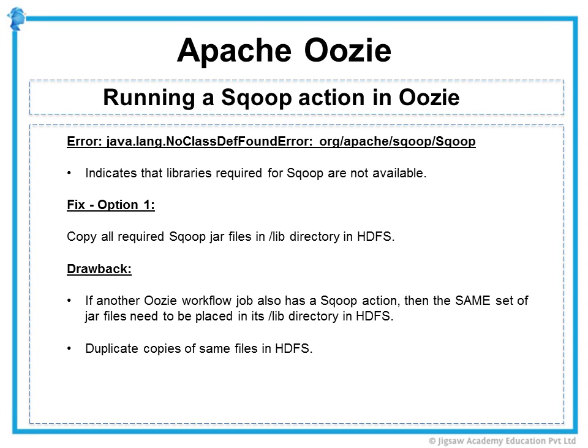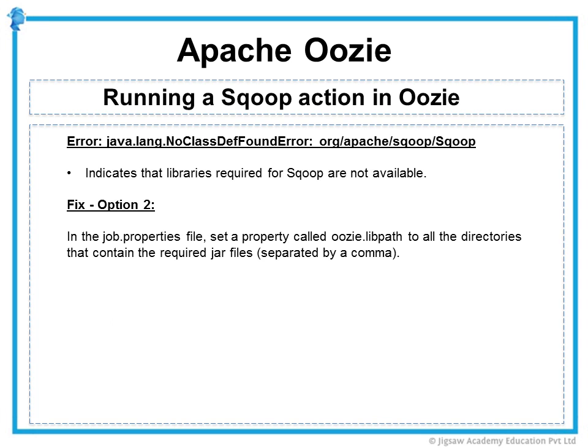between multiple Oozie workflows. The alternative for this is basically to use a property called oozie.libpath in the job.properties file. So you can specify all the directories that contain the required jar files, separated by a comma, against this particular property.